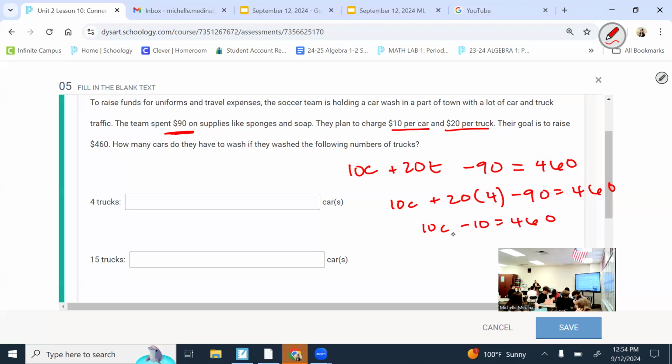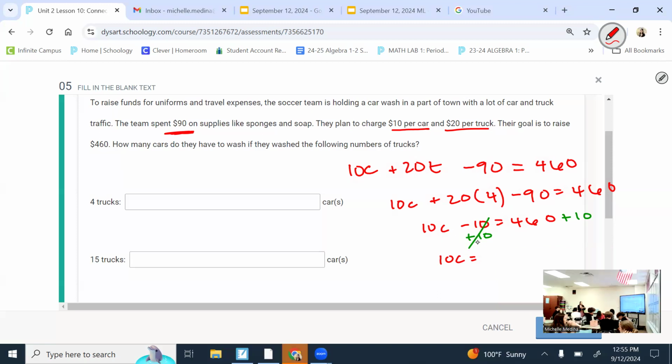And we're solving for C. So get rid of what's farther. How do I get rid of this -10? Whatever you do on one side, you do on the other. And then I get 10C equals 460 plus 10, which is 470. Opposite of multiplying by 10 is dividing, and so the number of cars they need to wash is 47.